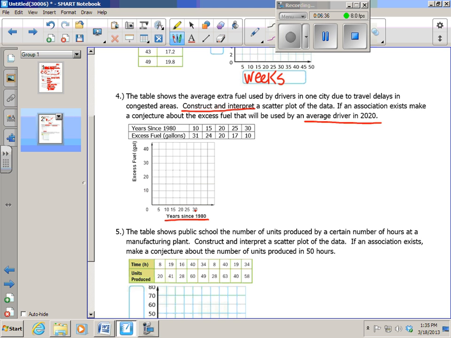So let's construct first. We're going 10 and 31, 15 and 24, 20 and 25 and 17, 30 and 10. And so it looks linear. It also looks negative association.